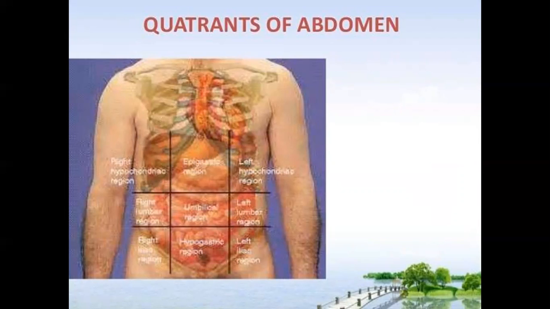The center one is the umbilical region, and next is the hypogastric region. Left and right to the epigastric region is the hypochondriac region. Left and right to the umbilical region is the lumbar region, and left and right to the hypogastric is the iliac region. So these are the regions of the abdomen.